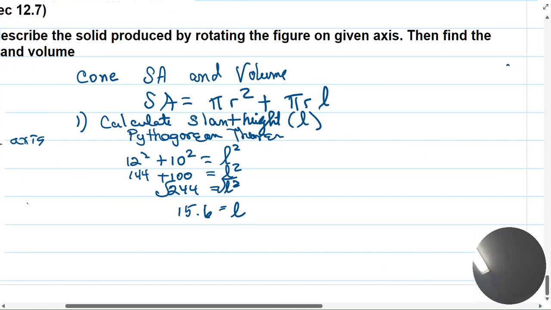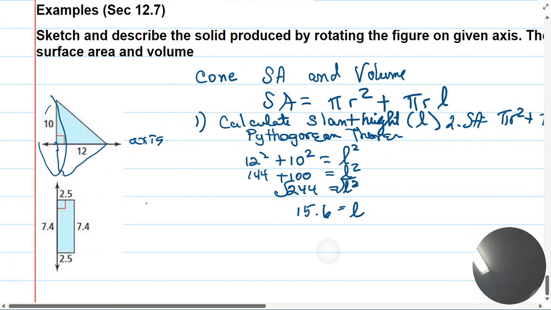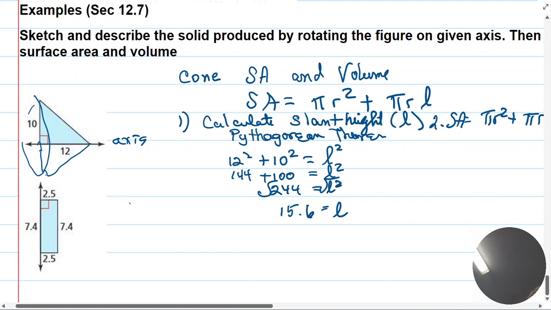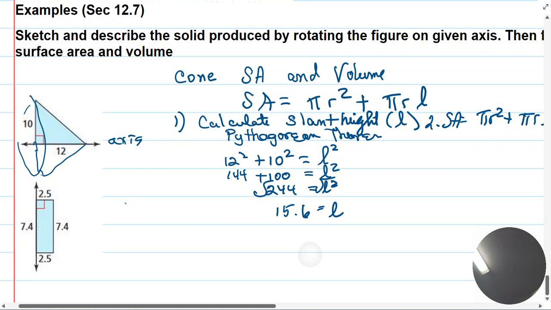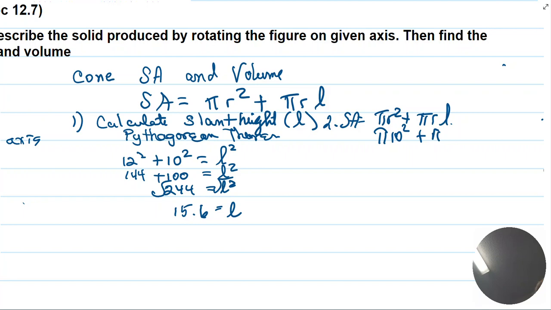And on my pi radius squared, my radius is 10. And that one was 15.6. So I'm going to do it by calculator. Oh, this is 100 pi.